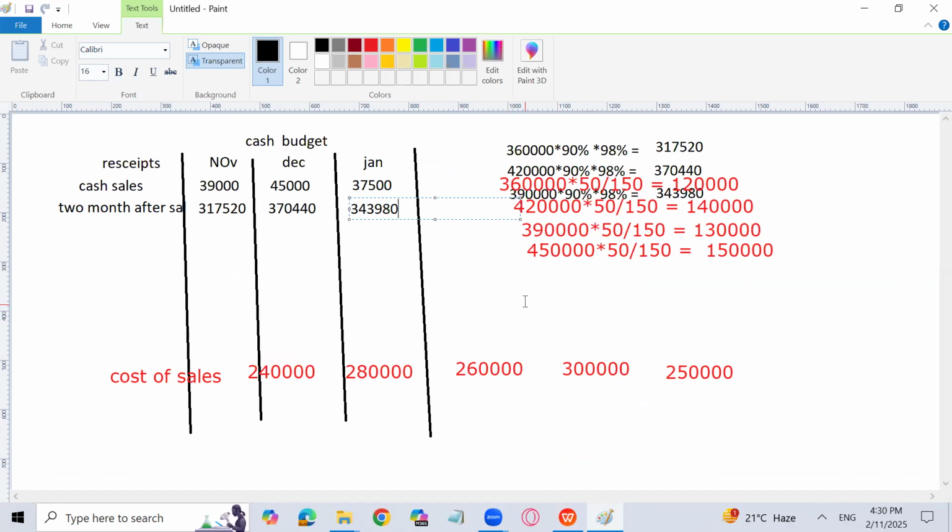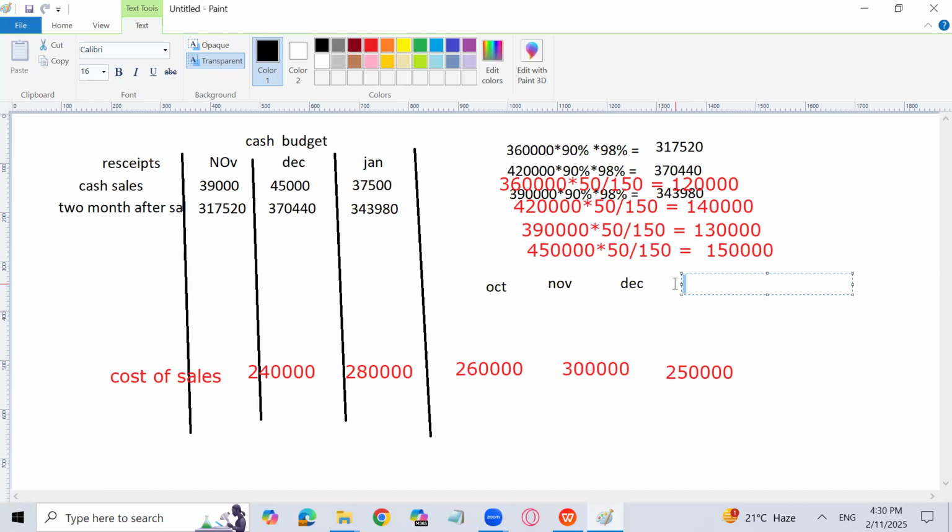Okay. Now I'm going to find the purchases, since the cost of sales is calculated. So for November, for December, and maybe I need to find the purchases for October also.